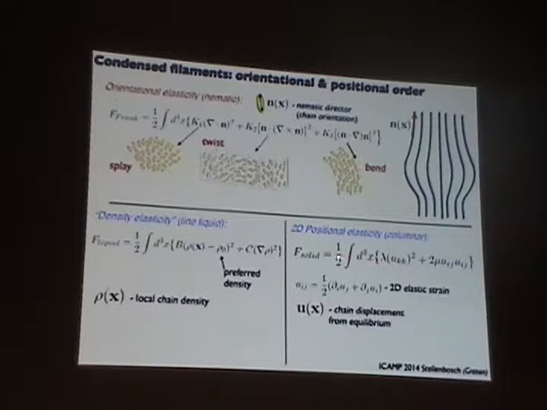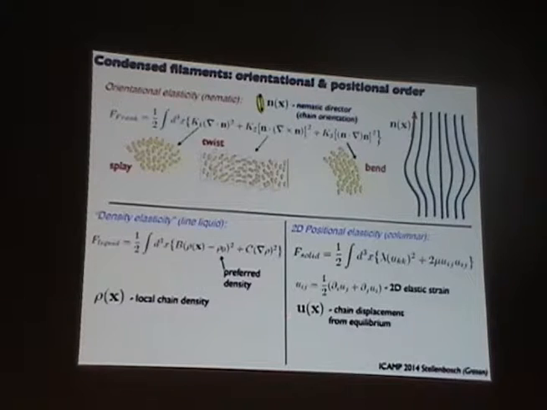But the type of free energy that one needs to describe is a type of continuum elasticity, okay, where we have some reference state, some two-dimensional lattice, and we describe deformations of that lattice in terms of something that's called the elastic strain. Okay, how much have I locally stretched or sheared the 2D lattice packing of filament positions, and that's described by some displacement vector.